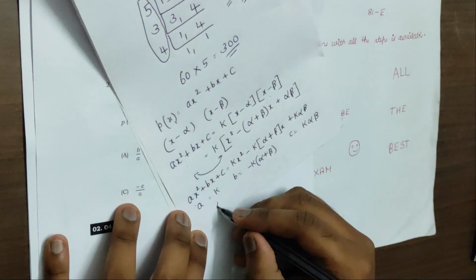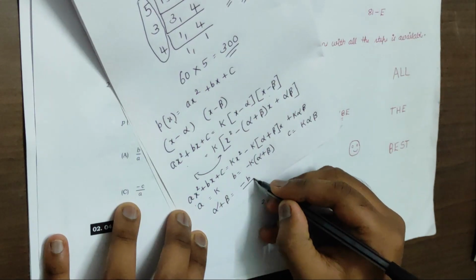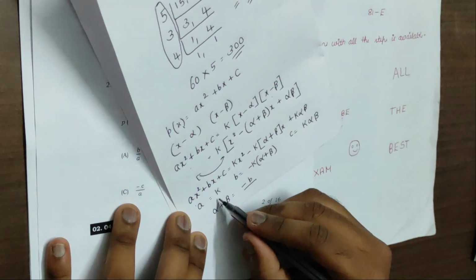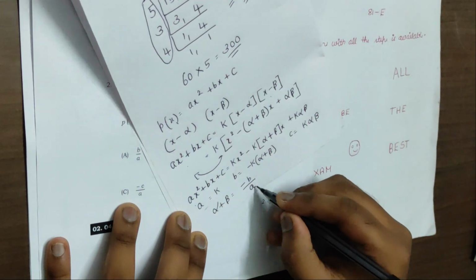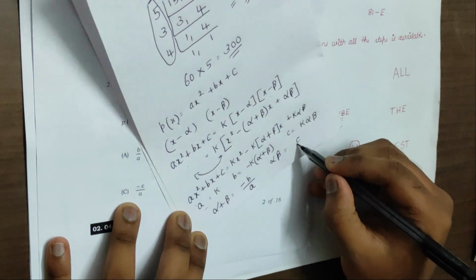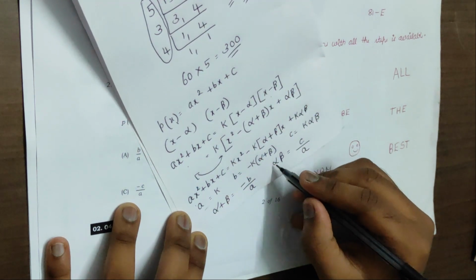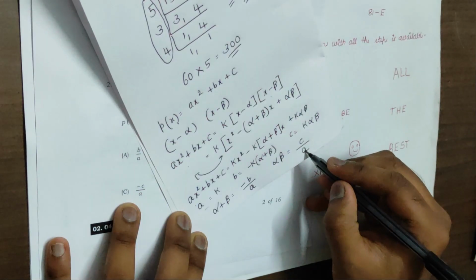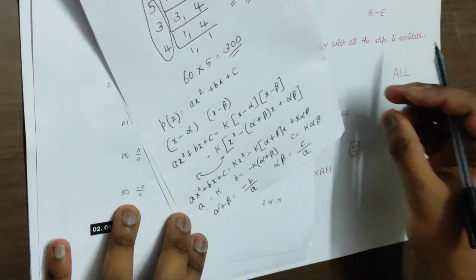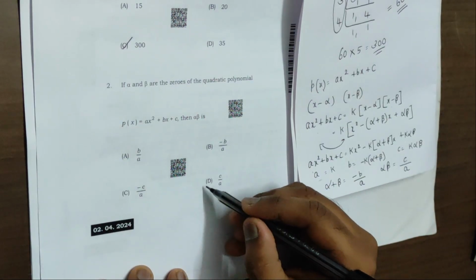Now alpha plus beta is equal to minus b by k. Instead of k, we will write a, as k is equal to a. So alpha into beta is equal to c by k, and instead of k we write a. What is asked in the question is alpha beta, so the answer is c by a. If they ask alpha plus beta, you can write minus b by a. So the option is c by a, option D.